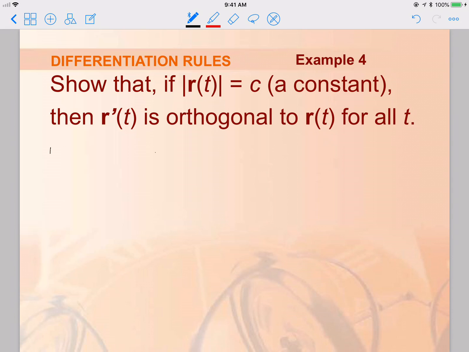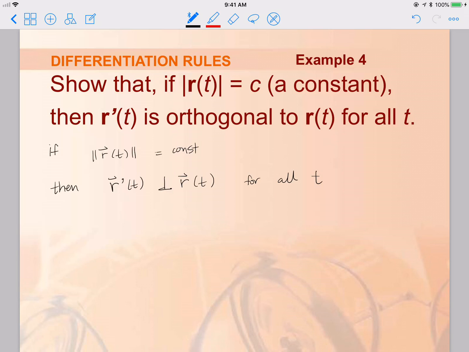We want to say that if the magnitude of r(t) is some constant, then r'(t) is orthogonal to r(t). And this is true for all t.